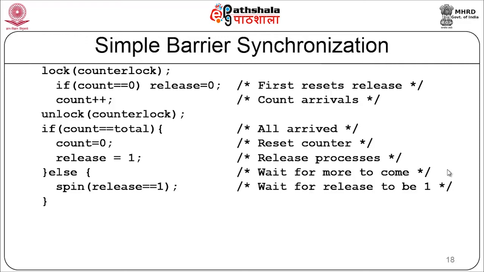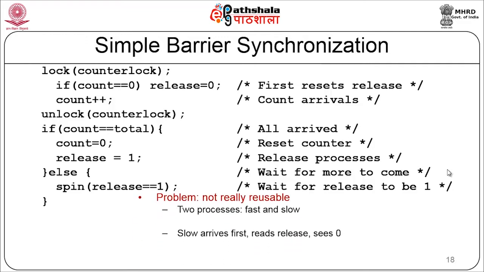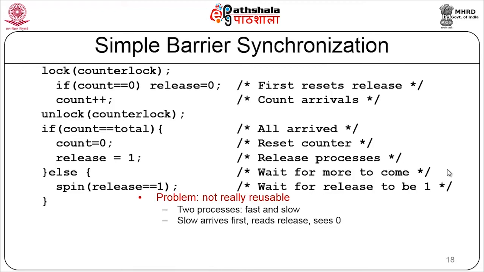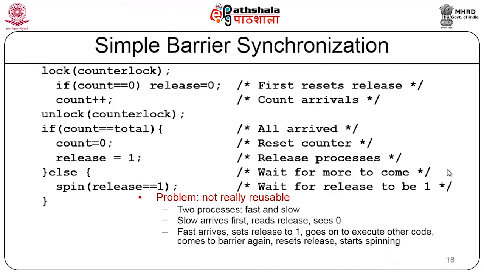And if count is equal to total, which means all processes have entered, you may set count equal to 0 and release the processes. Otherwise, the processes keep spinning on release equal to 1. So, till release becomes 1, the processes cannot leave the barrier, they will have to wait for the other processes to come. So, this barrier synchronization implementation has a small problem.